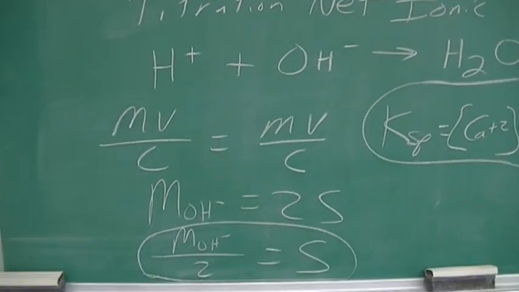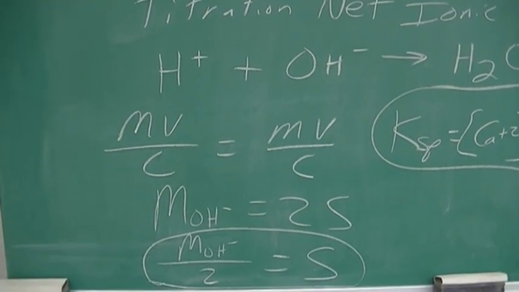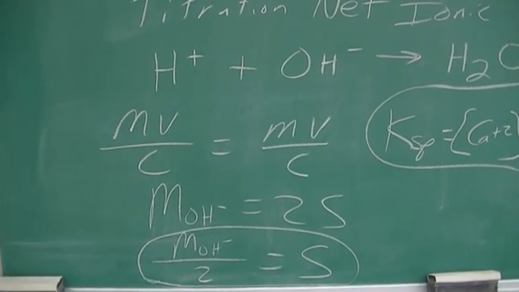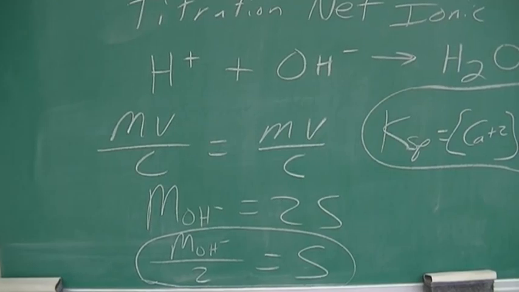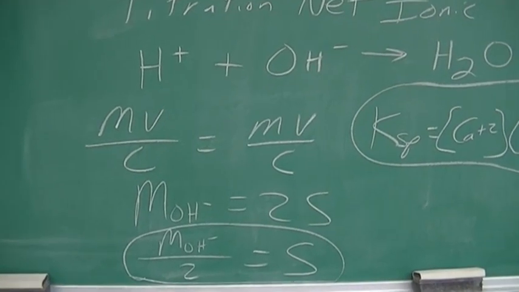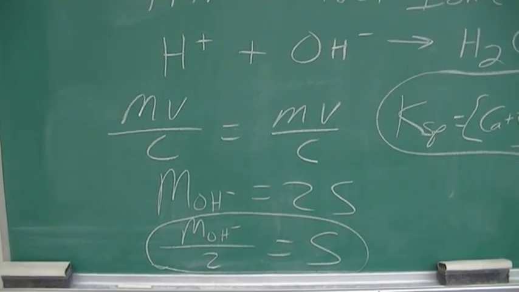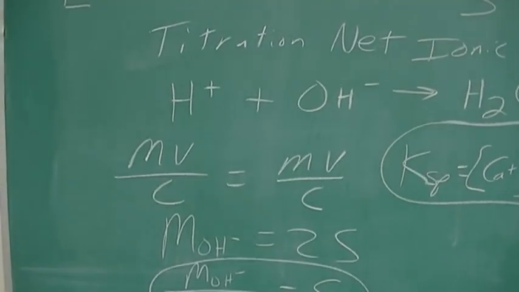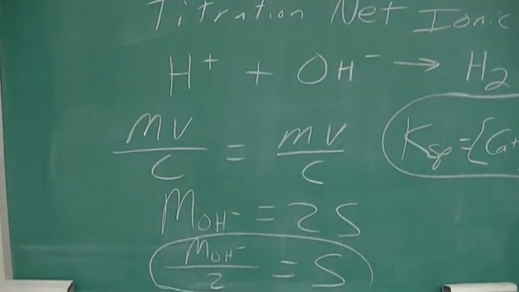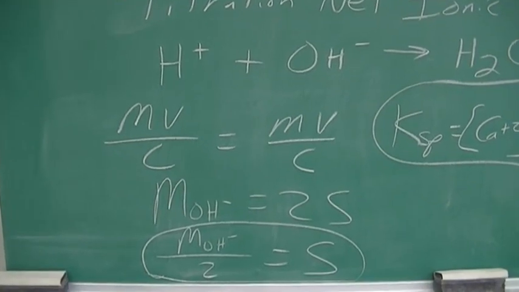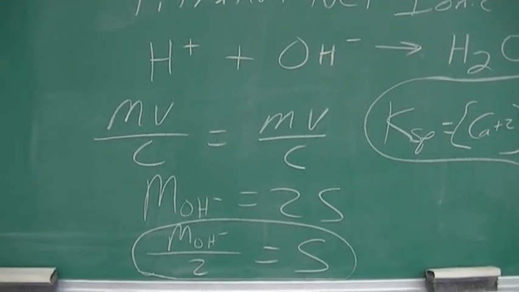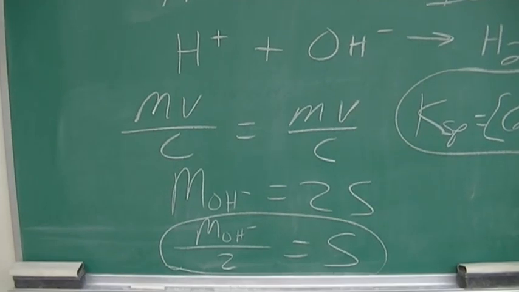So your titration equation is MV over C is equal to MV over C because you are using 10 mLs of your OH minus solution and you are titrating with your HCl aqueous. And the coefficients right there, both 1s. So you get your molarity of your HCl from experiment 12.